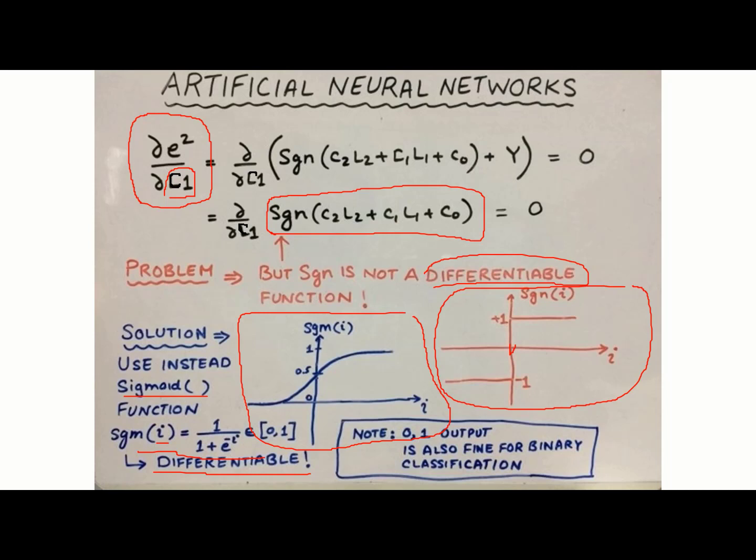However, note that the output of the sigmoid function is not -1 and 1, or in other words, the output is not confined between -1 and +1, rather it is confined between 0 and 1. But this is also fine as far as binary classification is concerned. So labels -1 and 1, or 0 and 1, both will work equally fine.